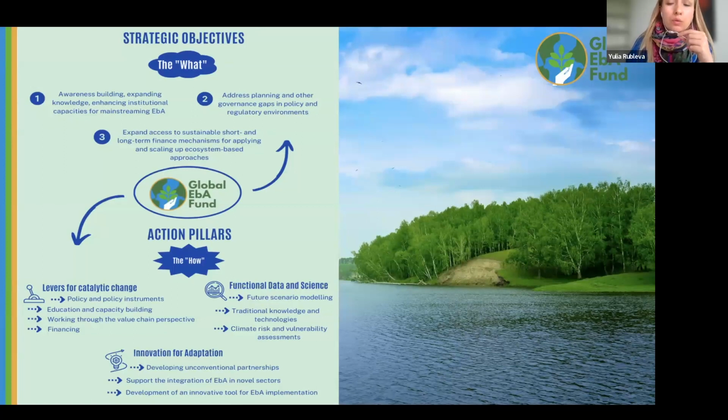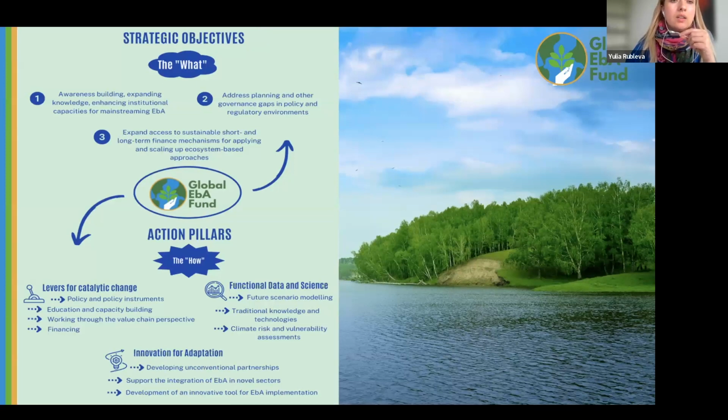So now that we know what EBA is and the general purpose of the fund, let's focus on the strategic objectives of the fund as well as its action pillars. Overall, the fund's strategic objectives define the overarching aim and direction of the projects, so the what, and the action pillars focus on how this can be reached within the scope of the fund.